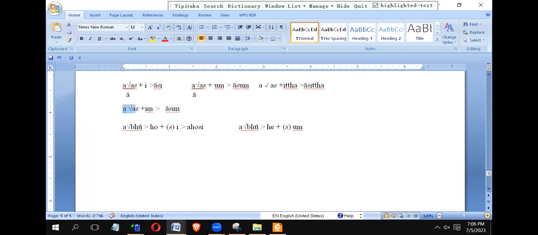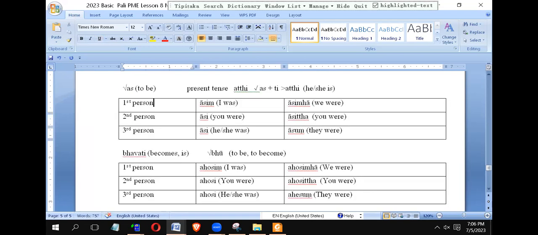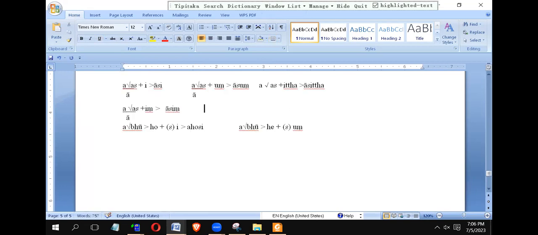When you write, you have to write like this with the A, okay? So we know A plus A becomes long A. So asim means I was, right? So you get asi, asum, asita, asim. Another one is asimha, all right? Same: A plus the root as plus imha, so you get asimha, all right?